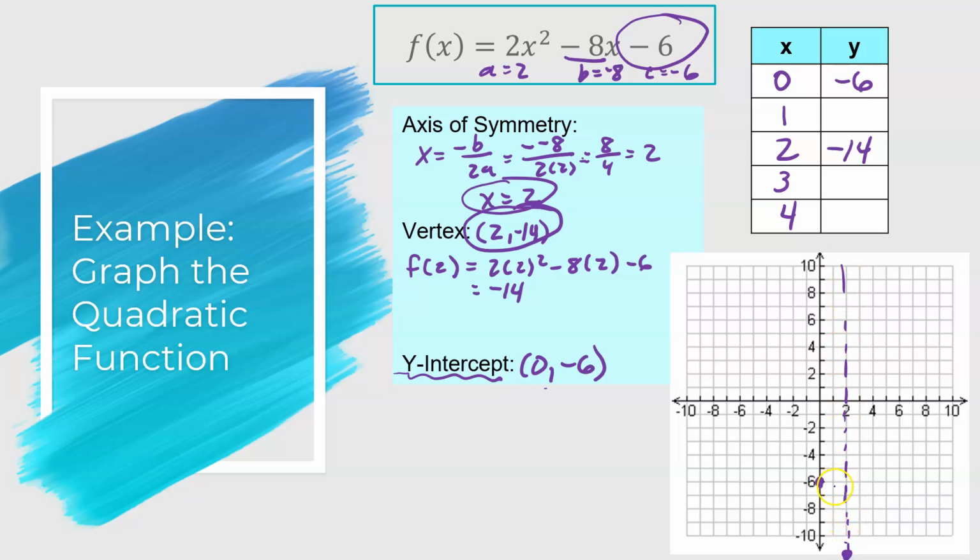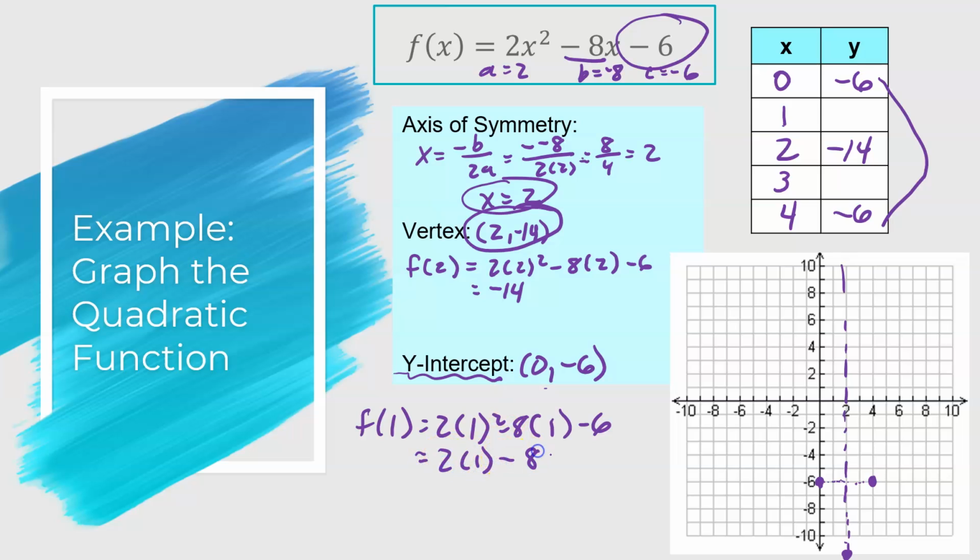But doing it by hand, I need to understand what it does. So (0, -6) is 2 away from that line of symmetry, so I go 2 the other way. That means that (4, -6) is also a point. And then last but not least, I would plug in either 1 or 3. I chose 1. 2 times 1 squared minus 8 times 1 minus 6. Again, I would type it into my calculator, but just for order of operations, you'd have to square this first.